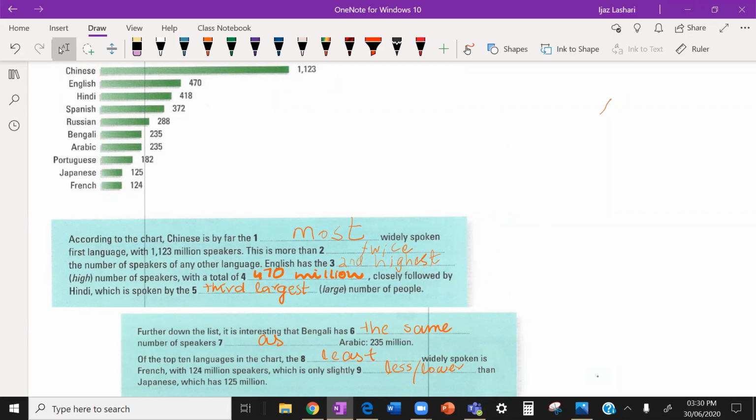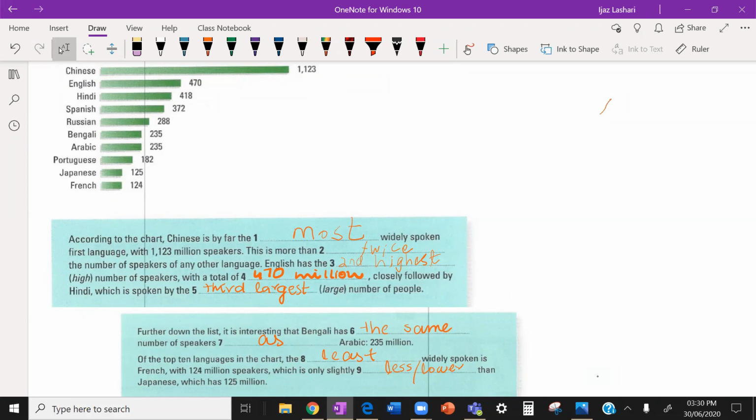Should I read? Yes, please. According to the chart, Chinese is by far the most widely spoken first language with 1,123 million speakers. This is more than twice the number of speakers of any other language. English has the second highest number of speakers with a total of 470 million, closely followed by Hindi, which is spoken by the third largest number of people.